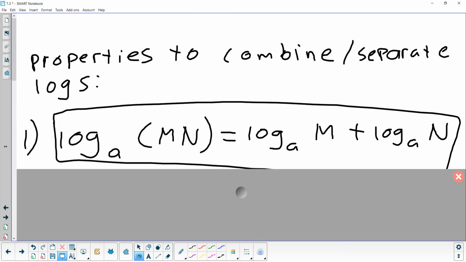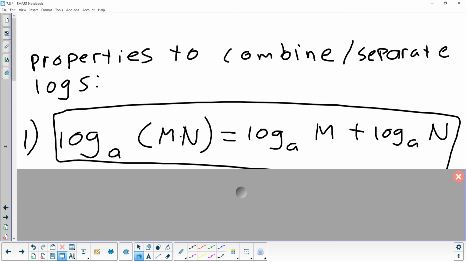The first property here has to do with the logarithm of a product, multiplying two things together. If you have the logarithm of a product, you are allowed to separate it into 2 logarithms.